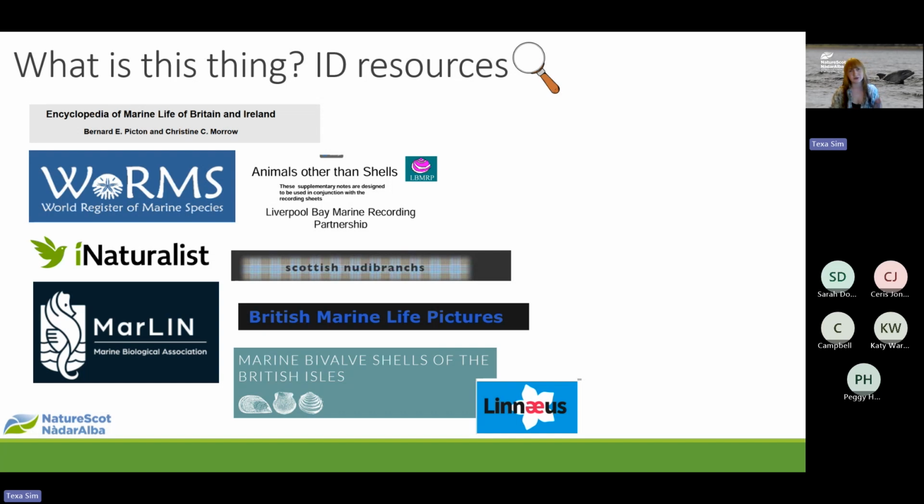So I'd always suggest, if you find something on survey, whether you're using imagery or not, to try and take a good picture, which will allow you to work out exactly what it is.